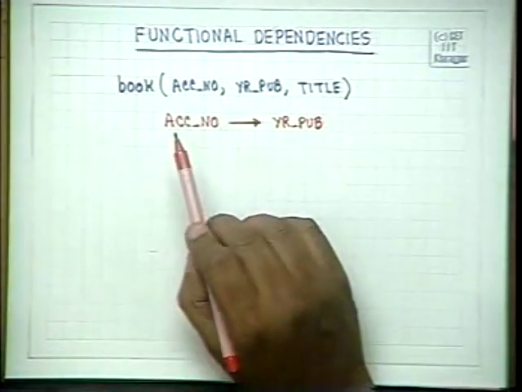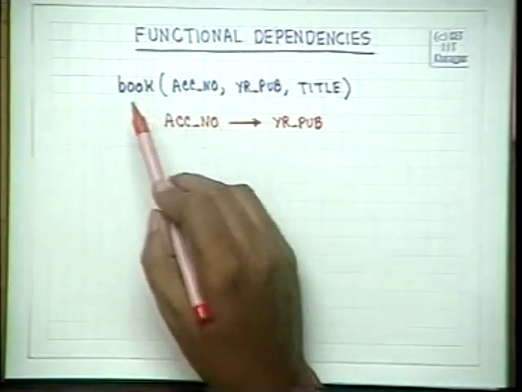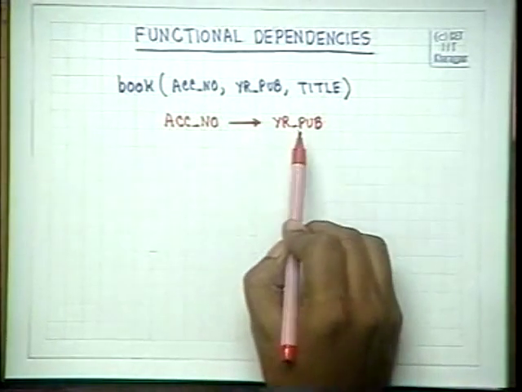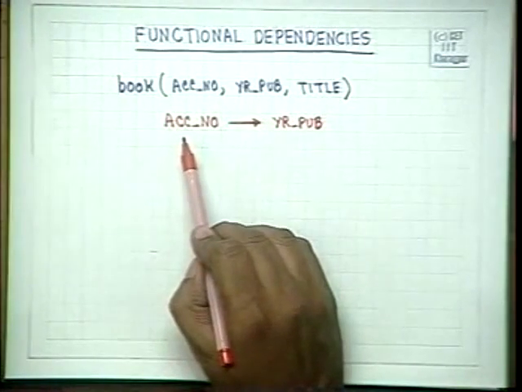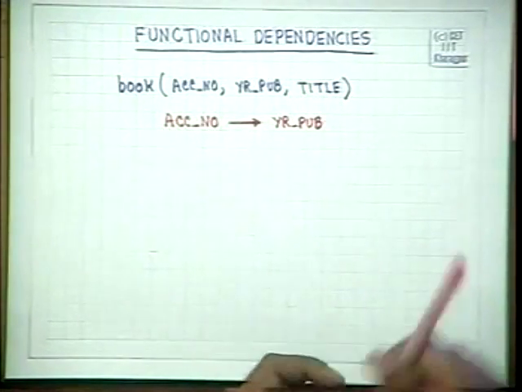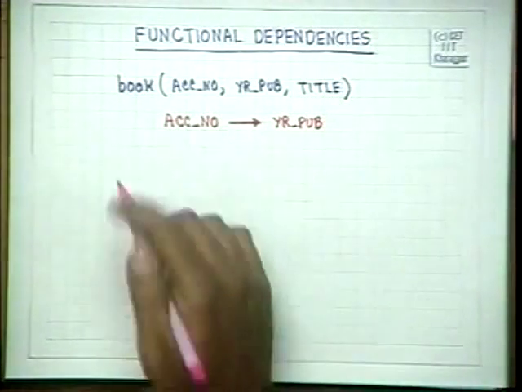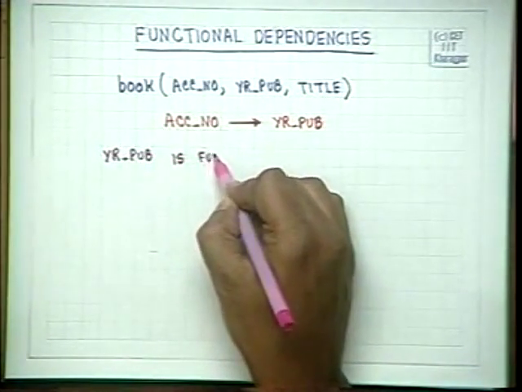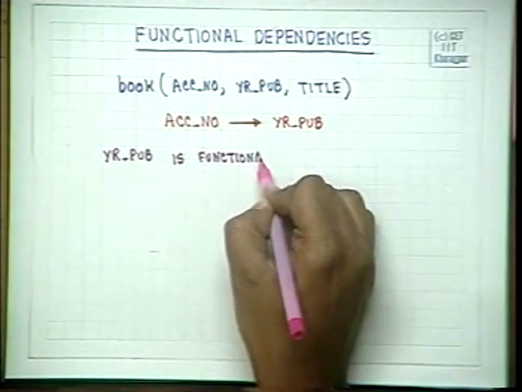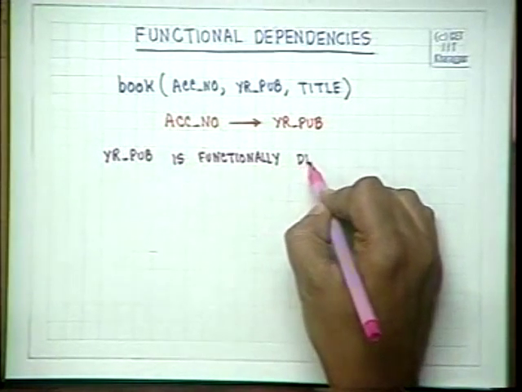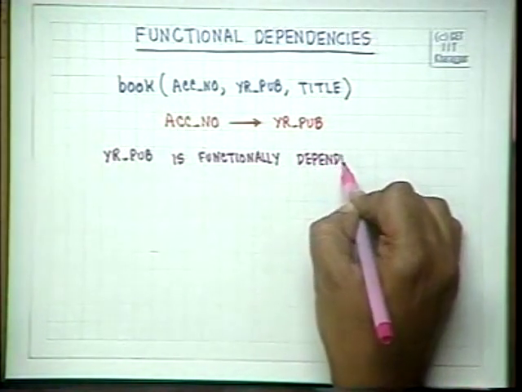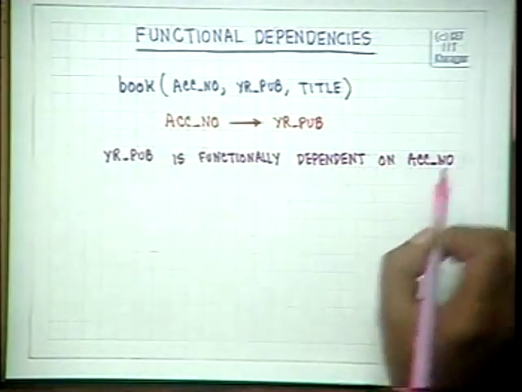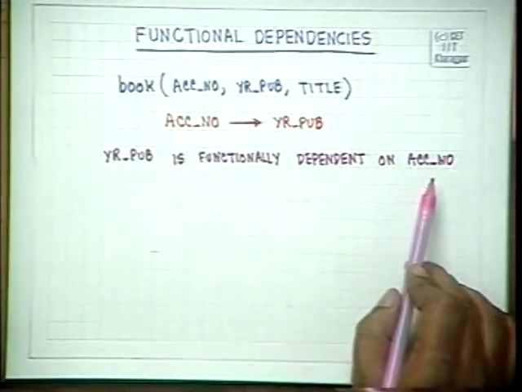This means that whenever in any relation, not even corresponding to book, in any relation wherever this holds, year of publication is functionally dependent on accession number.